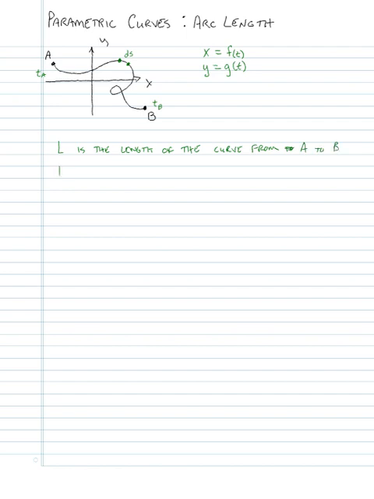Now, generally then, what we're going to do is take that one infinitely small length, but we've got an infinite number of those, and so we're going to add all those together.